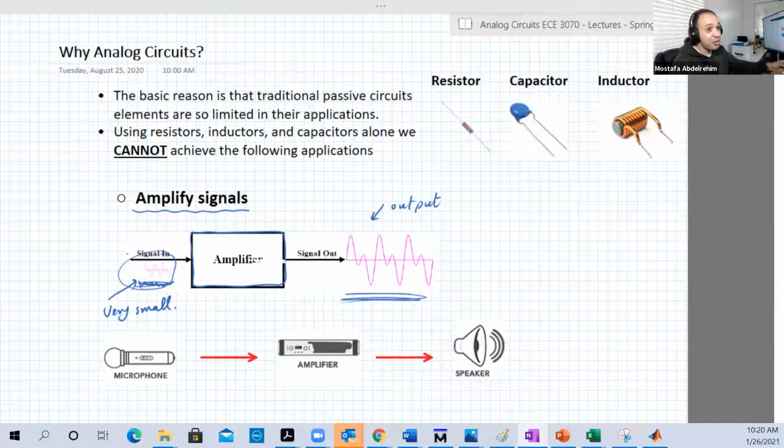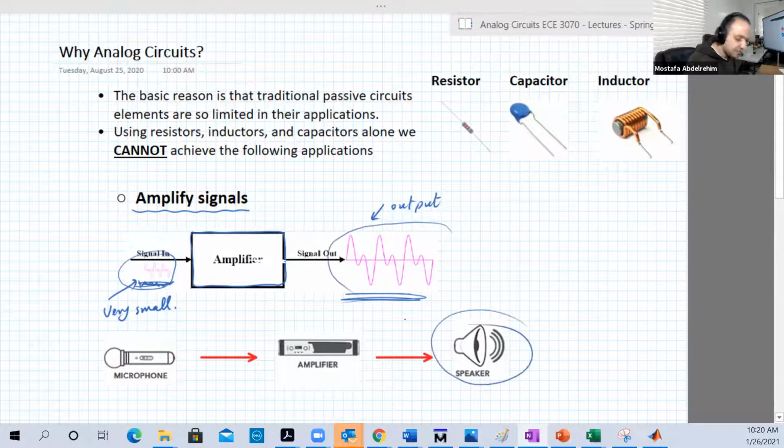This amplifier will amplify my voice, which is now an electrical signal, and send it to the speaker so you can hear me well. So this is one of the applications that we can't make using only resistors, inductors, and capacitors.